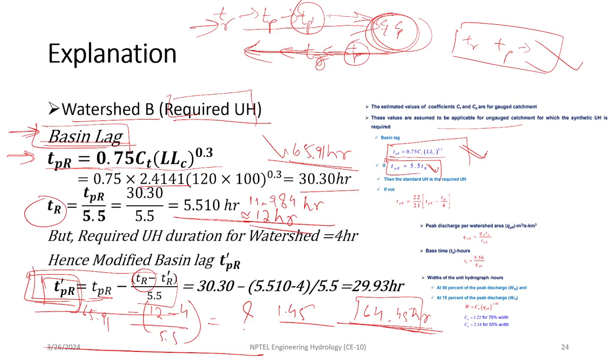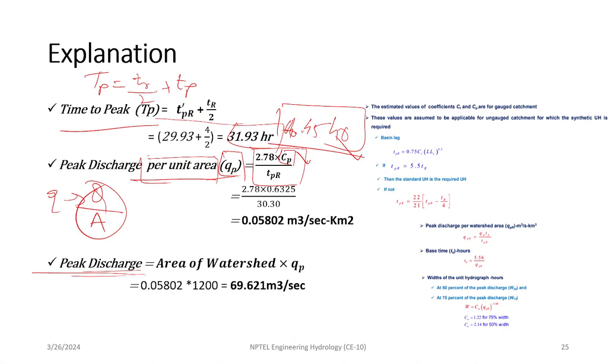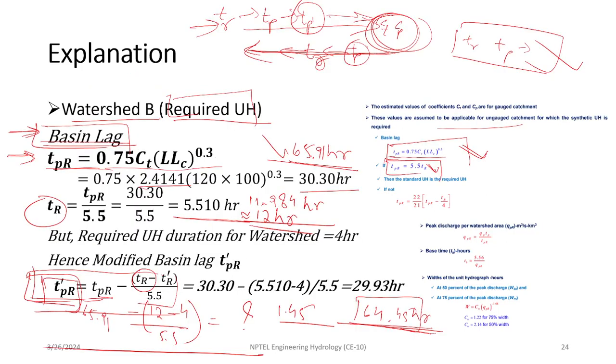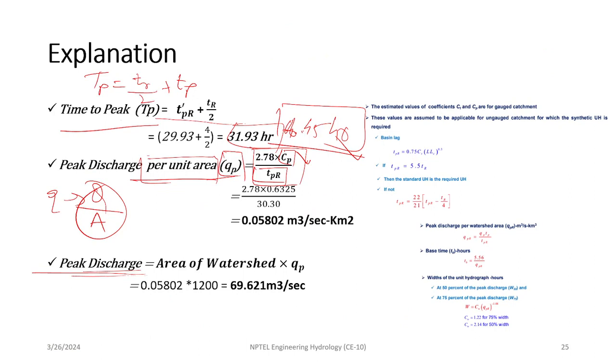Okay, how much is it saying? So here this relation is considering TPR, not TP dash. So it will be 65.91 something. Wait a minute.